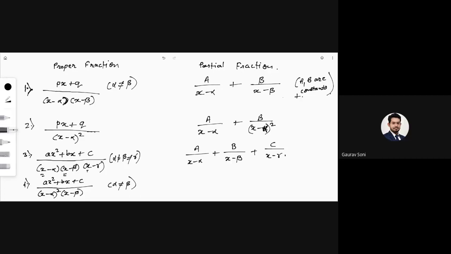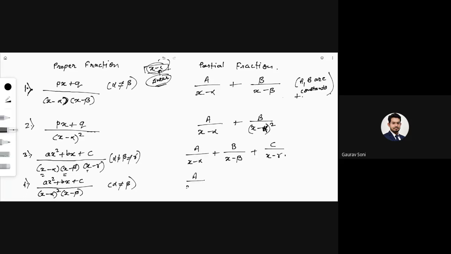Yes, exactly. So look, this factor, x minus alpha, is called the linear factor. So this linear factor, if it is of degree 2, then we have to repeat it.